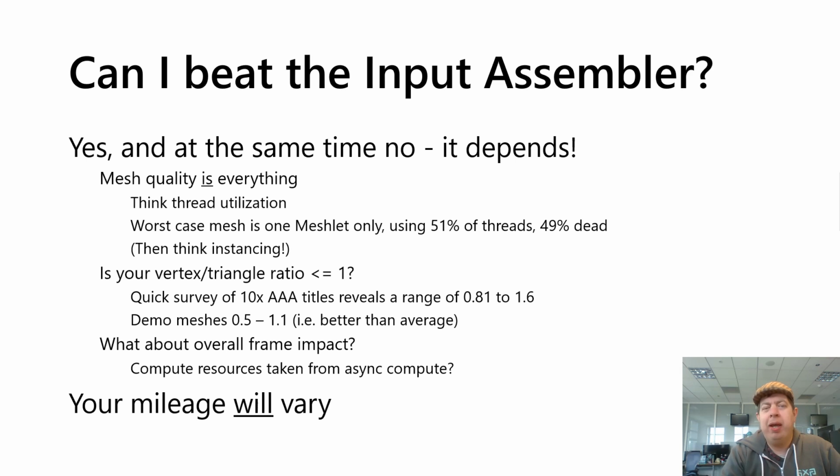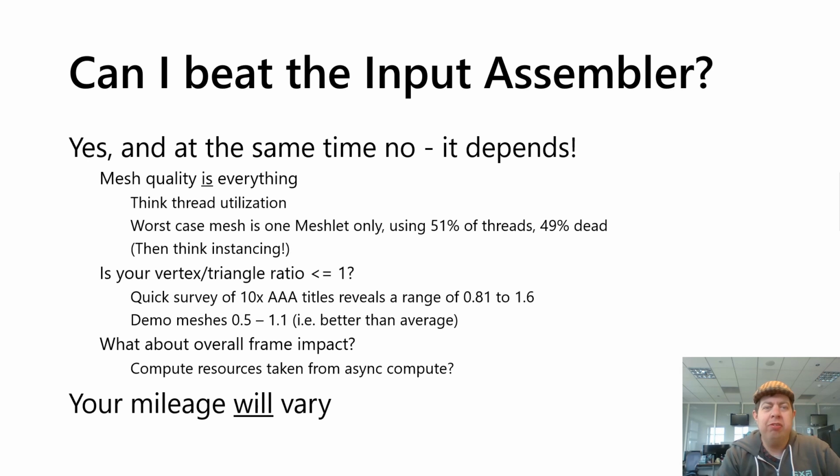If you think about it, the worst case mesh generates just one meshlet, and this one meshlet wants to use 51% of our threads, and the other 49% are dead. And obviously, when you come to instancing, you can't pack more than one instance together into the same group. So this is a kind of meshlet disaster.